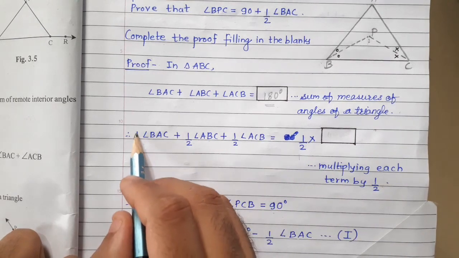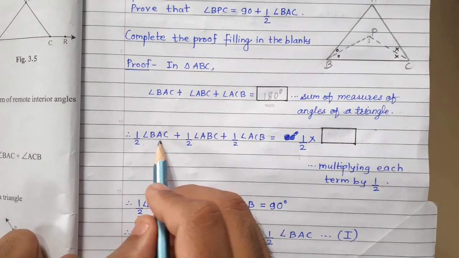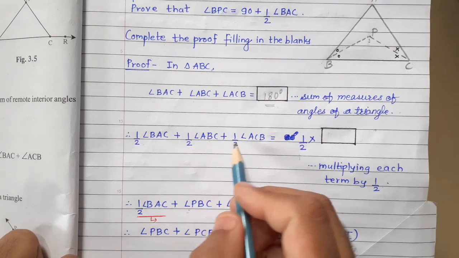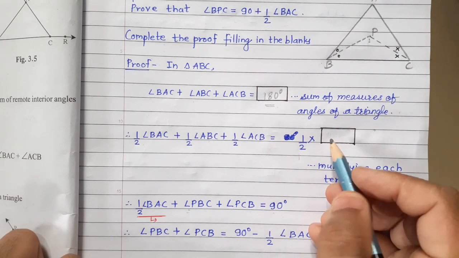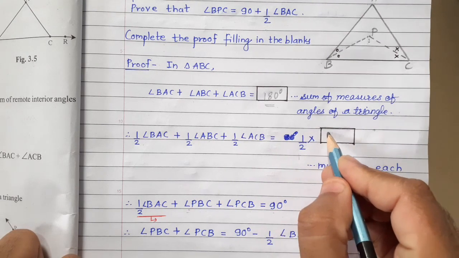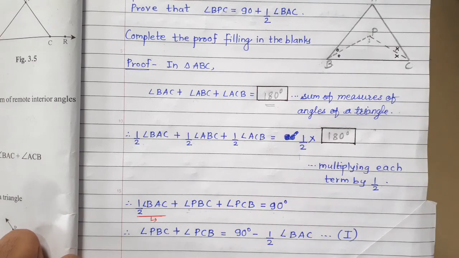So we have 1 upon 2 multiplied by angle BAC plus 1 upon 2 multiplied by angle ABC plus 1 upon 2 multiplied by angle ACB, and on the right hand side 1 upon 2 multiplied by 180 degrees.